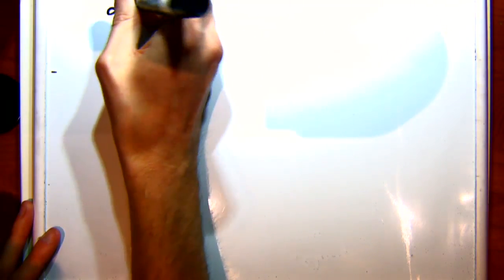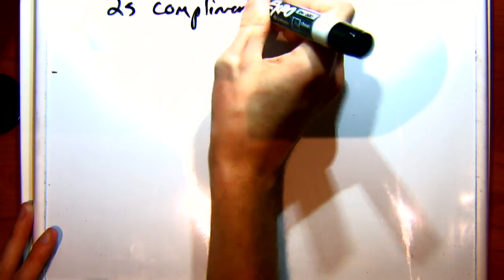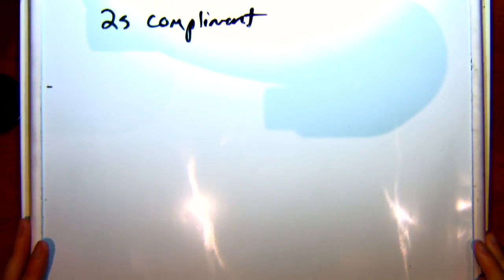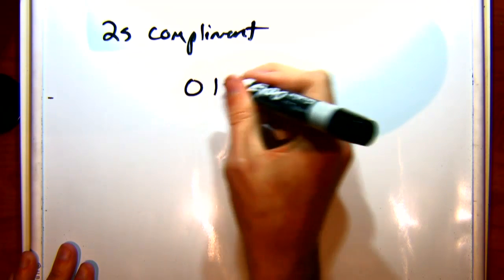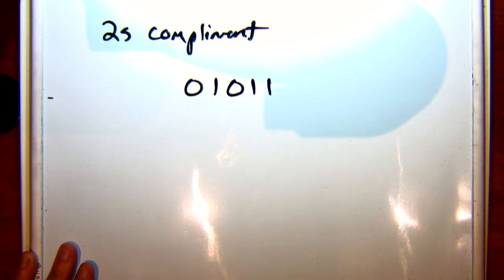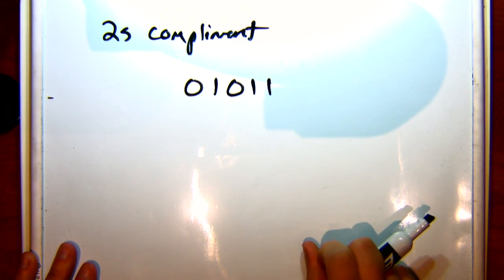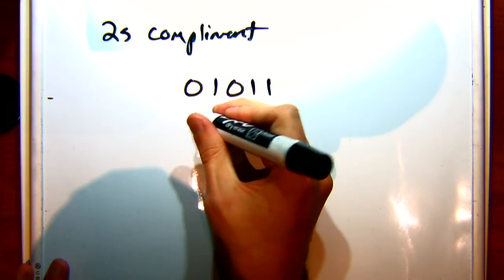Okay, so we usually work with 2's complement numbers, and with 2's complement numbers, let's say this is a positive number in base 2. The way we get the negative representation is by inverting all of the bits and then adding 1.